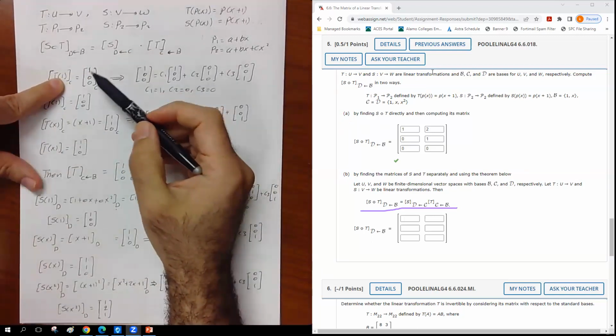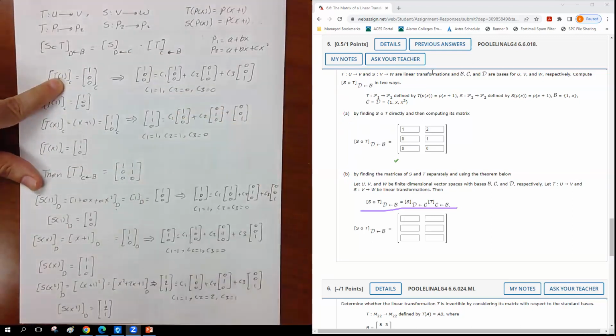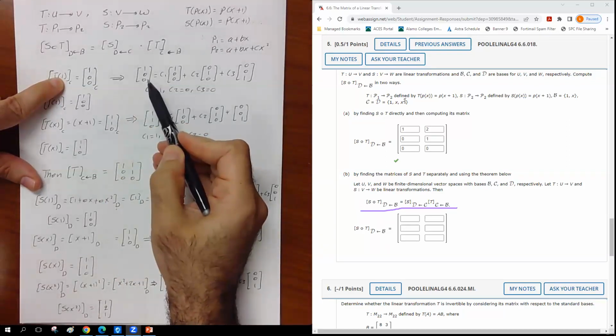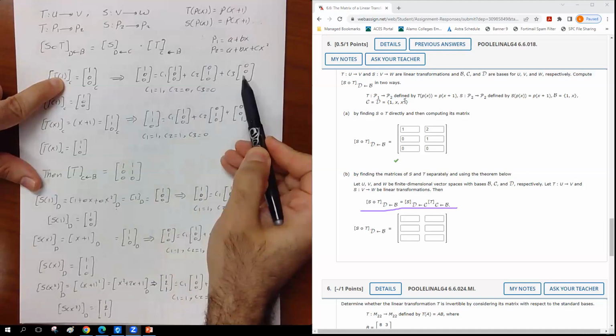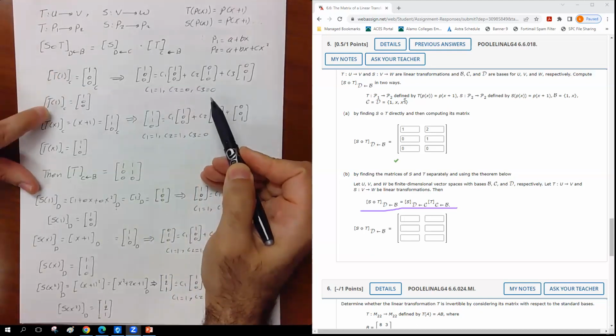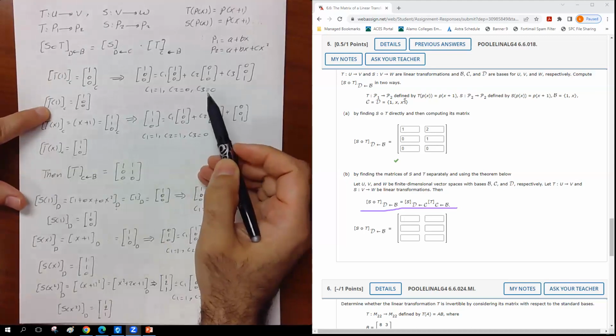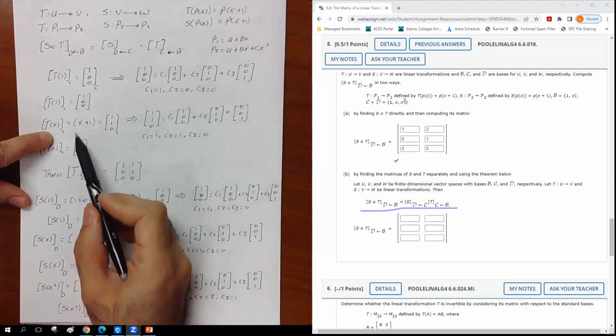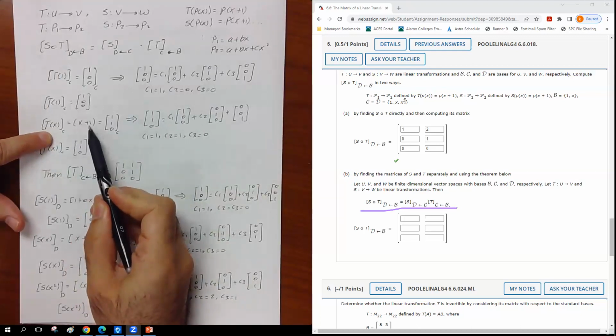For the first, with the base D, the first constant is 1, so 1, 0, 0. Write down as a linear combination from the base C. We're going to get C1 equal 1, C2 equals 0, and C3 equals 0. That means the first column of the matrix T is going to be 1, 0, 0. The second column is going to be X plus 1, because you're going to use the transformation.